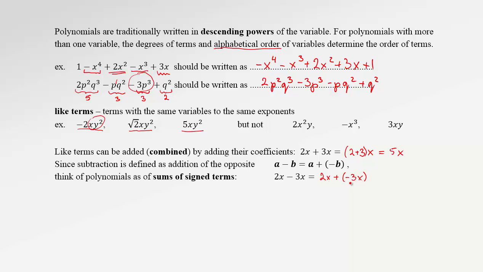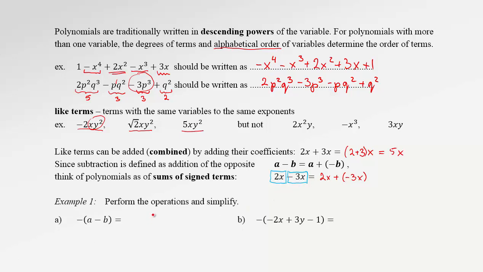This kind of thinking will be helpful when we start simplifying polynomials. We can always think of the terms of the polynomial as written on separate pieces of paper, with the invisible plus between those pieces of paper. So if we wish to, we can always shuffle those pieces of paper in a different order. For example, this sheet could go here and that one could go there. So whatever will be convenient for us in the future.